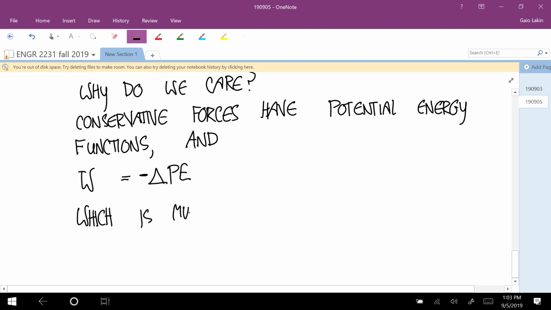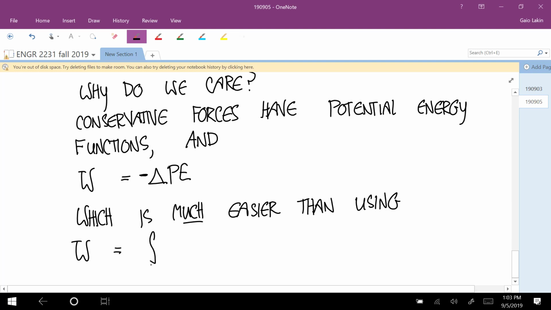So this is much easier than using the definition: work is the integral over the path an object takes of the force vector dotted with the increment along the path.